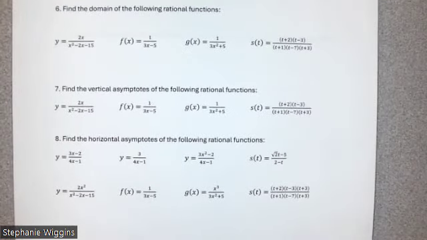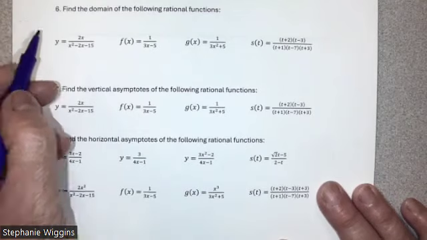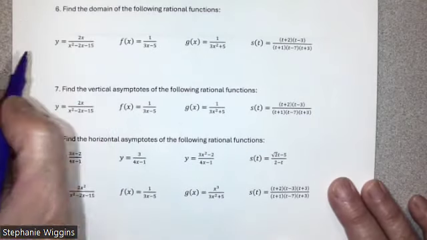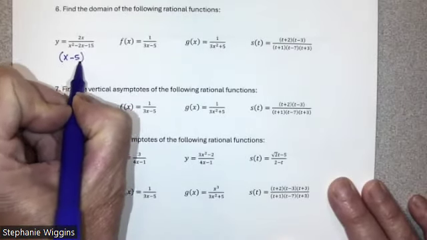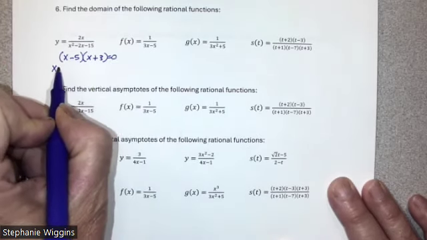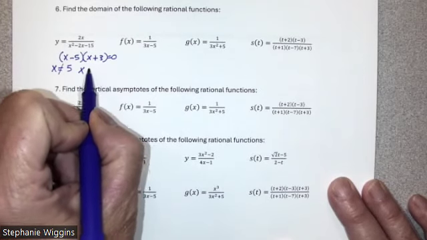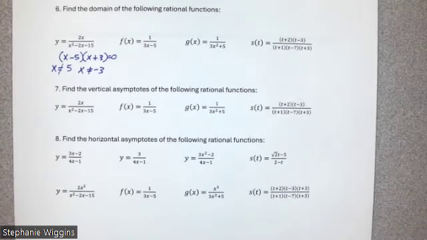Here we're asked to find the domain of the following rational functions. So you just set the denominator equal to 0 to find out which values of x do not work. So if you factor this, x minus 5 times x plus 3, set it equal to 0, we see that x cannot equal 5 and x cannot equal -3, and that's because you can't divide by 0.